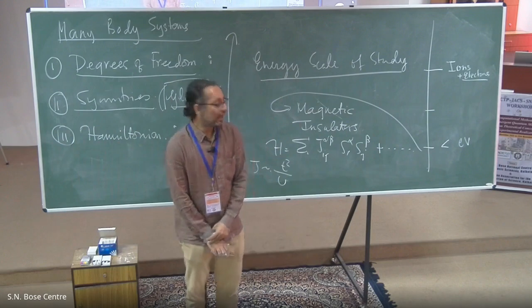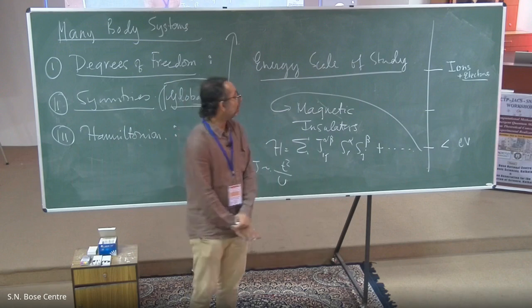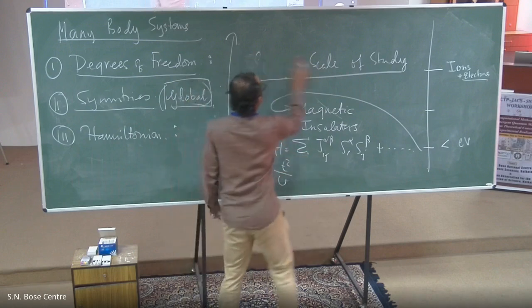So this is the generic form if one has spin orbit coupling. And this form can be written in a slightly better way, dividing up these coupling constants, as follows.